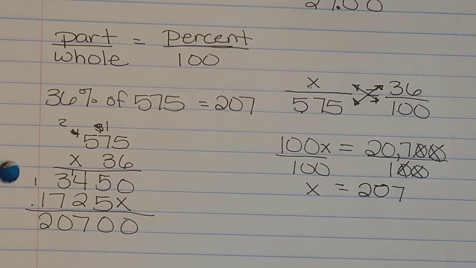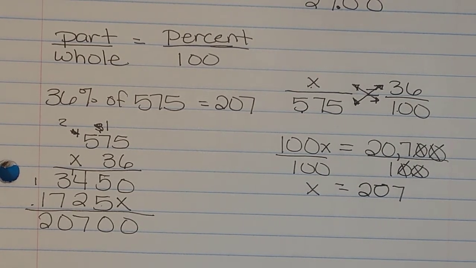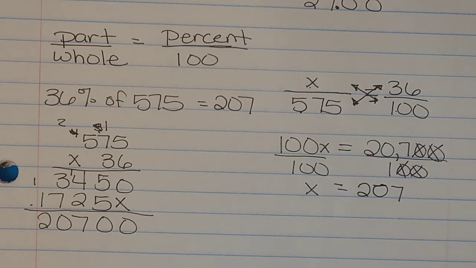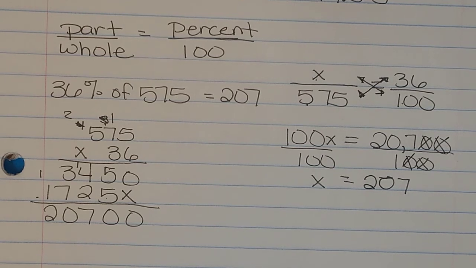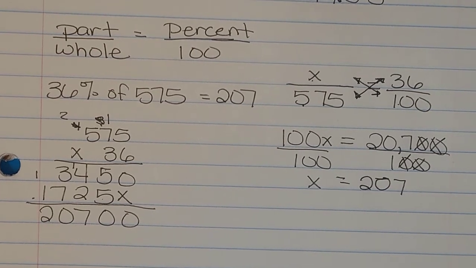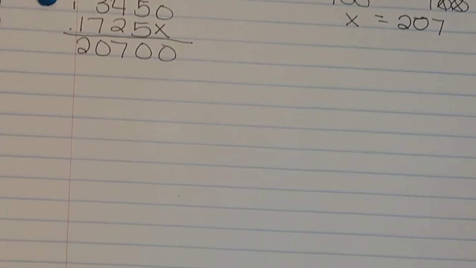Let's look at a couple more problems real quick from your reteaching side of your worksheet. I'm going to do the first way once and then the second way once. So number 1 on reteaching says 25% of 24. Let's do the way with decimals again.